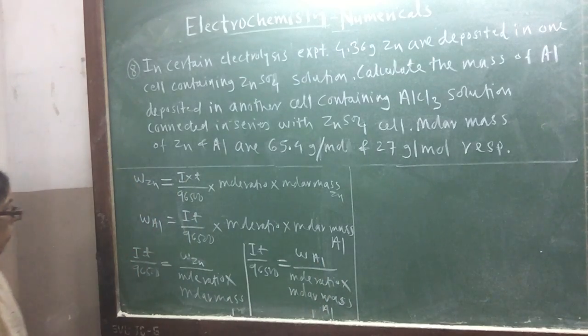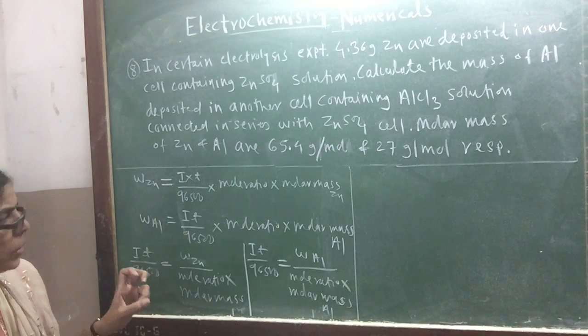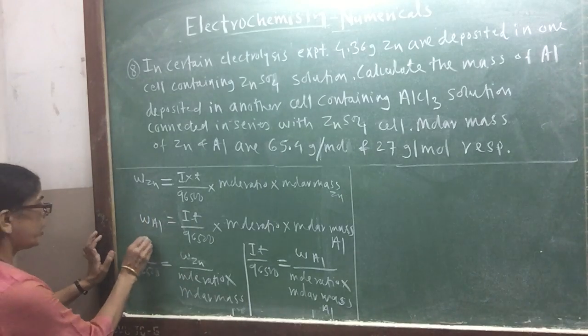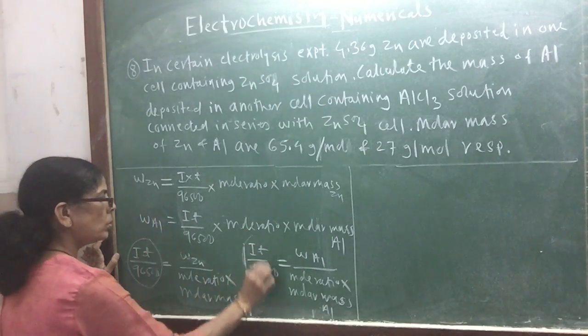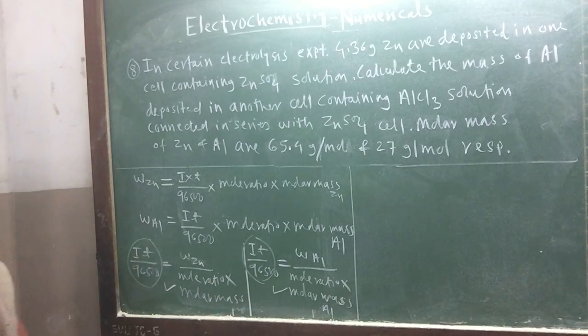See again carefully. As the quantity of current which is passed is the same, IT upon 96500 is the same, so we can equalize the right hand sides.